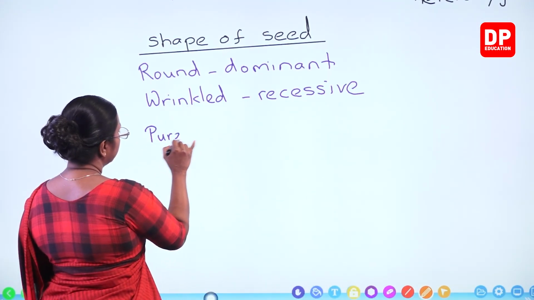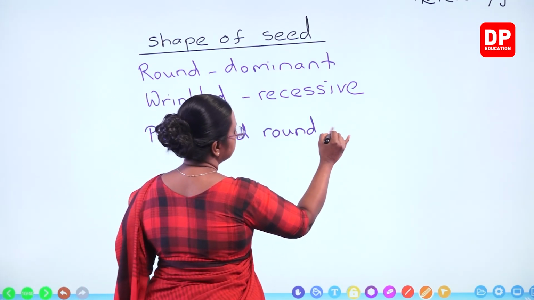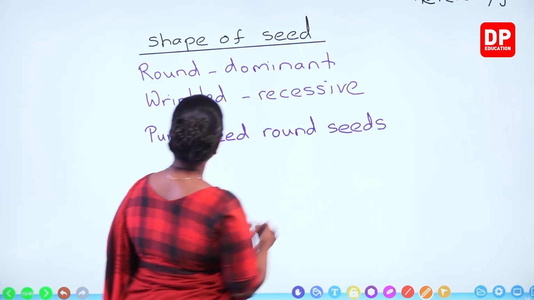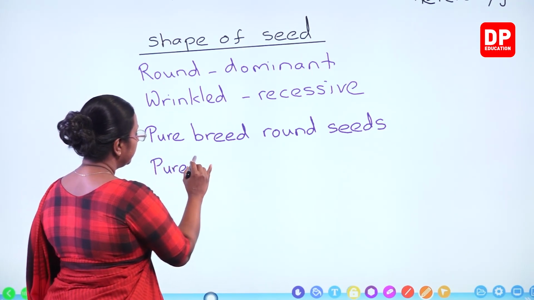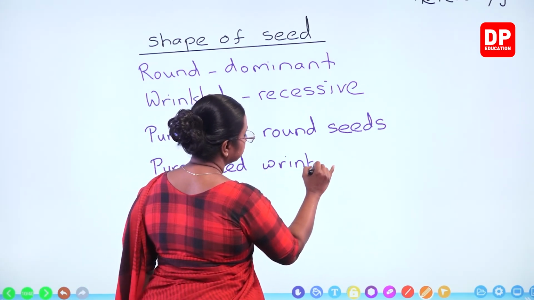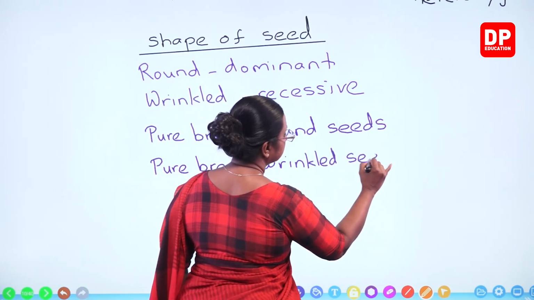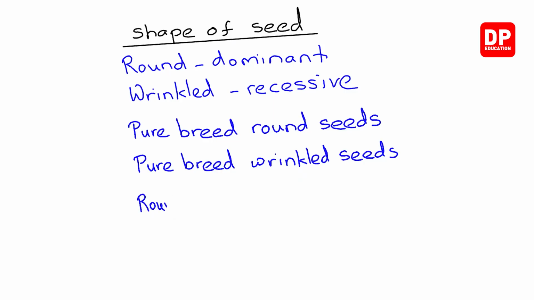Then we have pure breed round seeds. Here I am writing it short again. Pure breed plants with round seeds, pure breed wrinkled seeds, and round seeds with recessive factor.